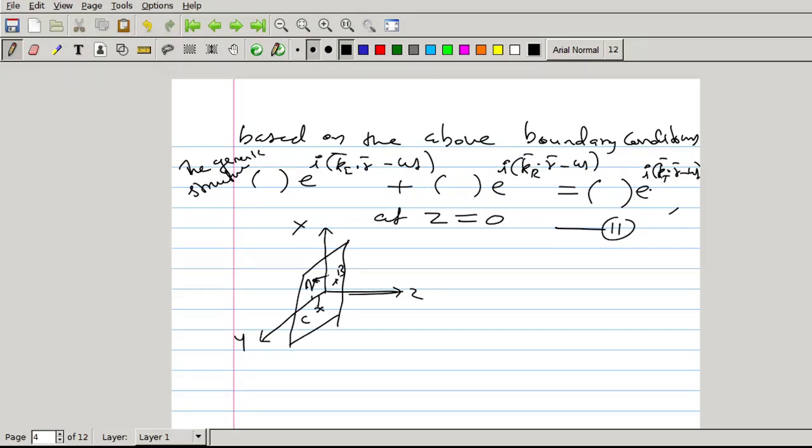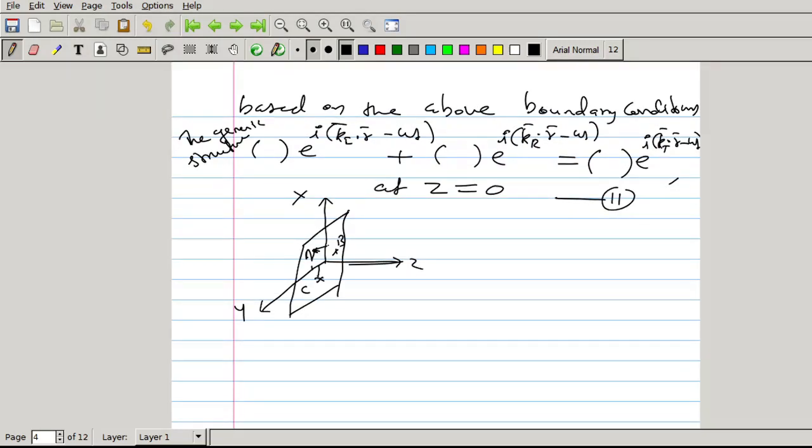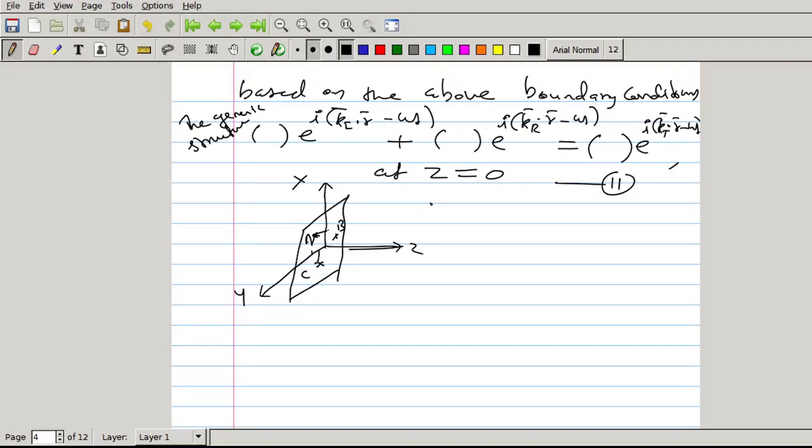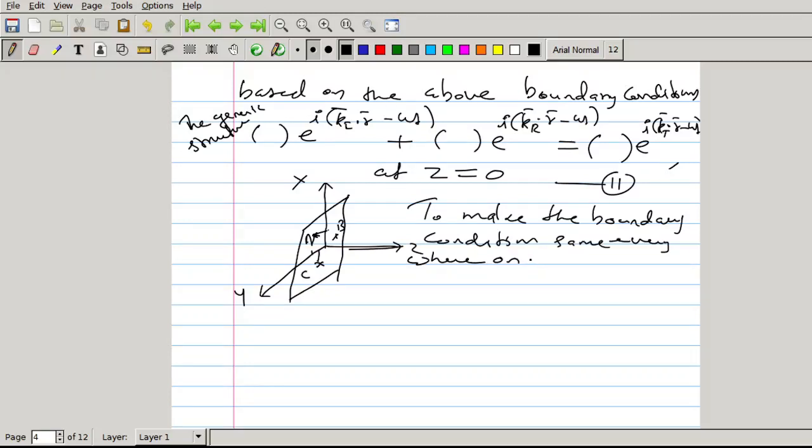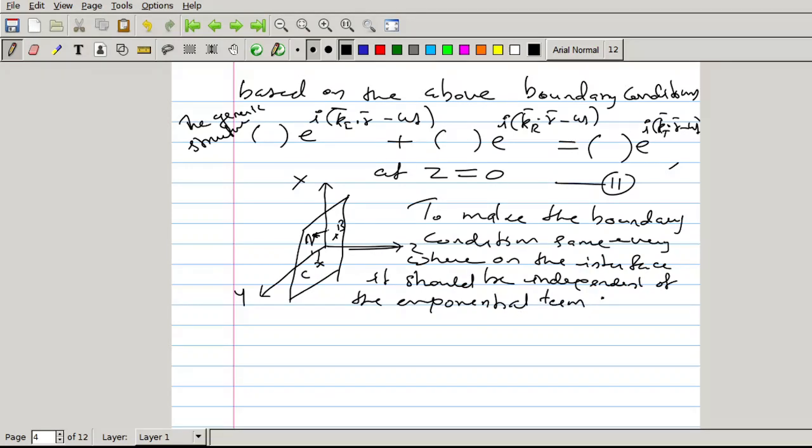To make the boundary condition the same everywhere on the interface, it should be independent of the exponential term given in equation 11.